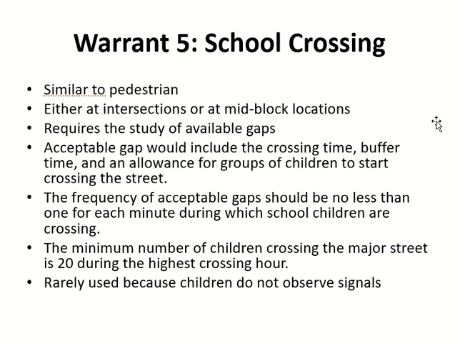Okay. So we already talked about the gap. Okay, the gap between the vehicles which are on the main street. Okay, so you have to see how many gaps are available for the kids to cross. Okay, in the peak hour. Okay, gap means what? Gap includes what?